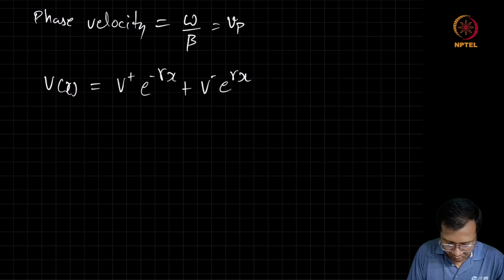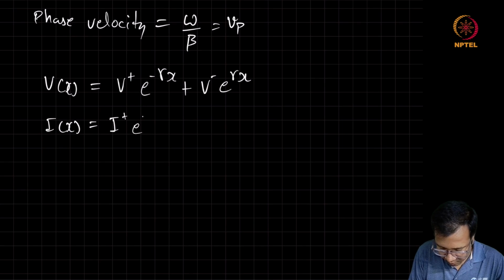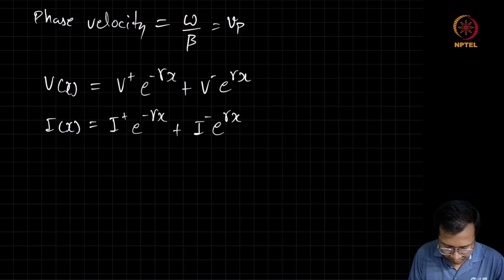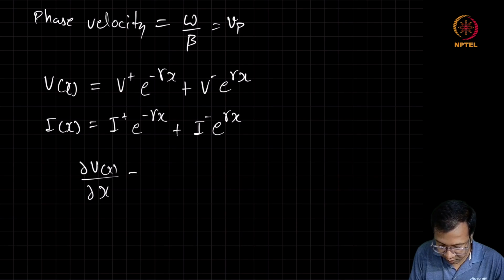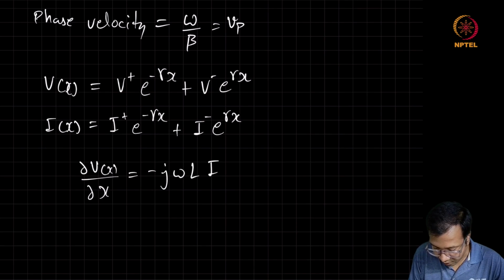So we can rewrite I of x in terms of the constants in the voltage equation, by using the differential equation we derived earlier, where the derivative of voltage with respect to x is equal to minus j omega L I of x.